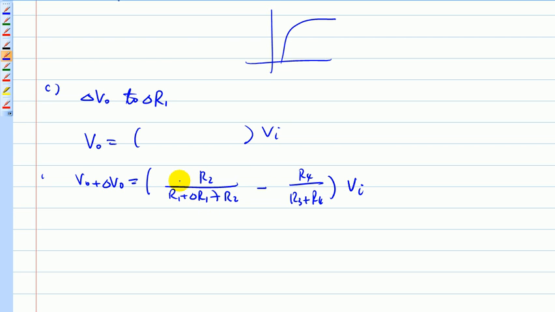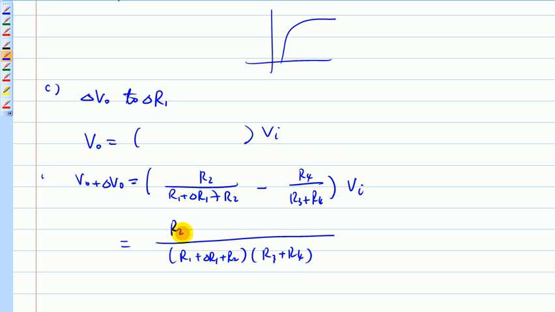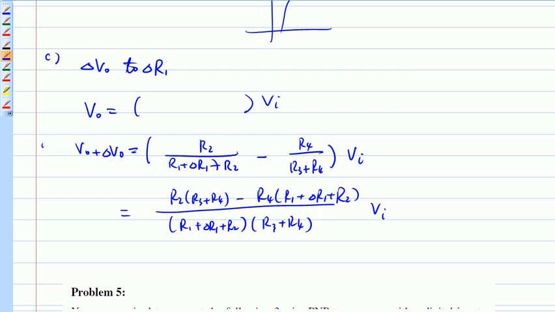Simplify these two, group these two terms together, so you have R1 plus delta R1 plus R2 and R3 plus R4, and on top R2, R3, R4 minus R4, R1, delta R1 plus R2, and VI. That's the expression here.